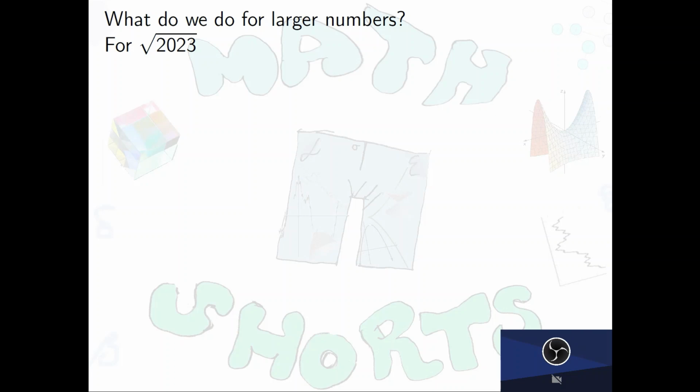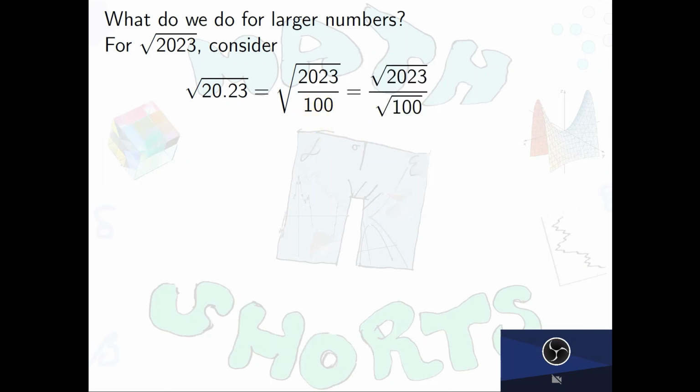And that is, if we take this number 2023, and instead of working with it, let's consider the number 20.23, which I just got by taking 2023 and dividing by 100. And the reason I'm dividing by 100, not 10, is we can use some properties of square roots.